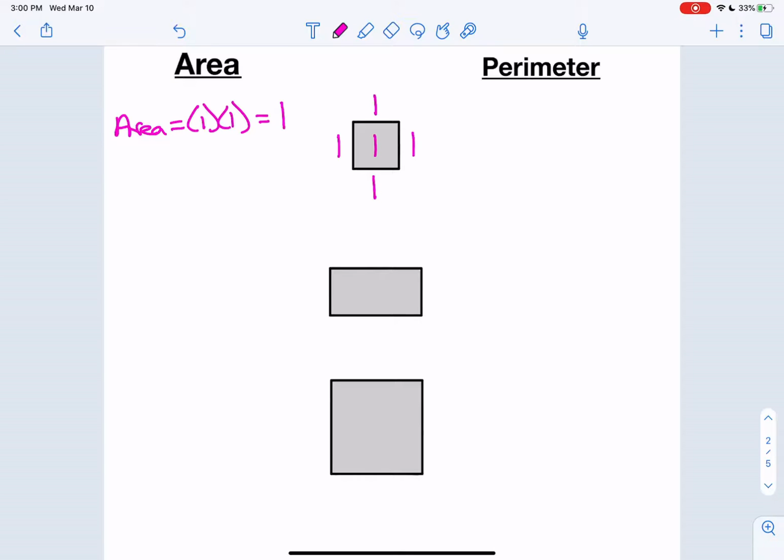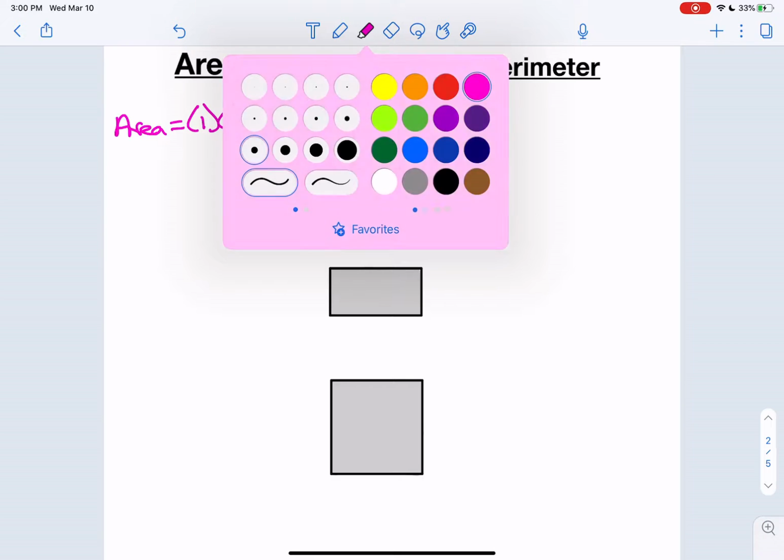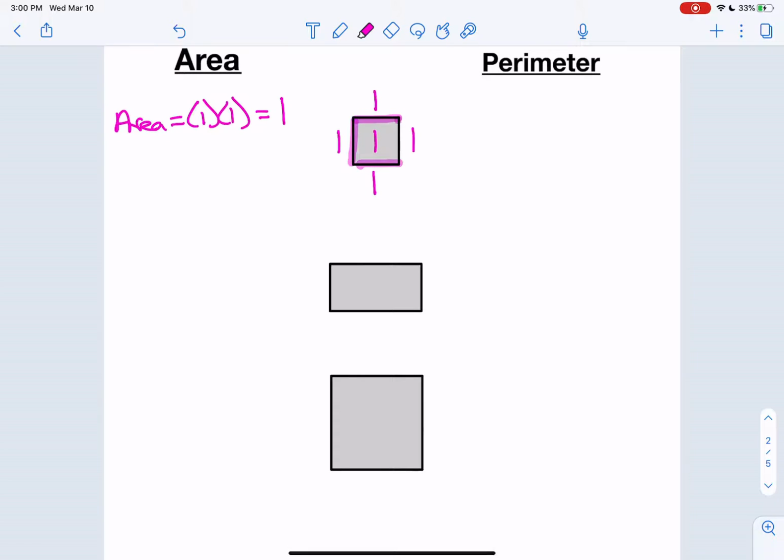Now for perimeter, we need to add up the outside lengths. So we're adding this side plus this side plus this side plus this side. The perimeter equals 1 plus 1 plus 1 plus 1, which equals 4. So our first tile is the one tile. It has an area of 1 and a perimeter of 4.